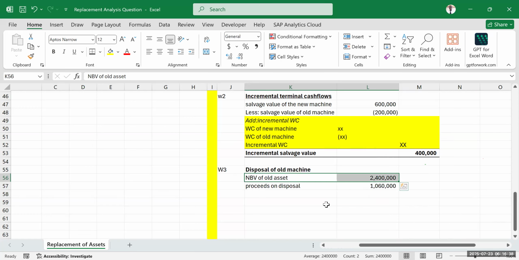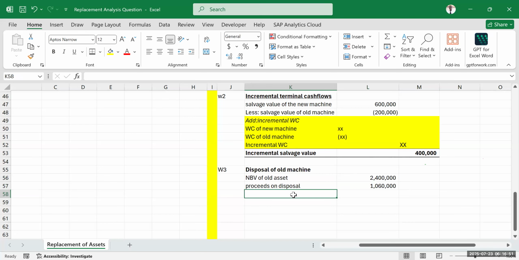So we are selling it at a loss. If the book value was 2.4 and we can only realize 1060 out of it, there is a loss. So we say there is a capital loss, or loss on disposal.